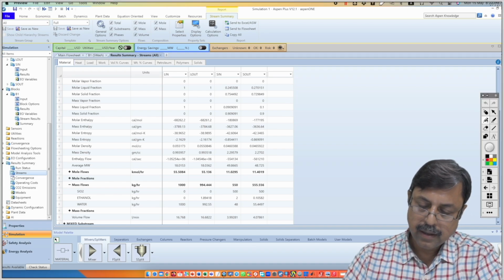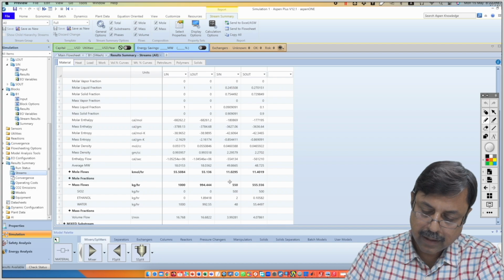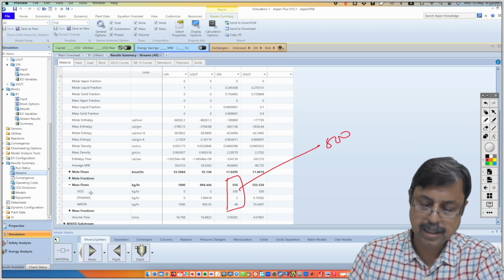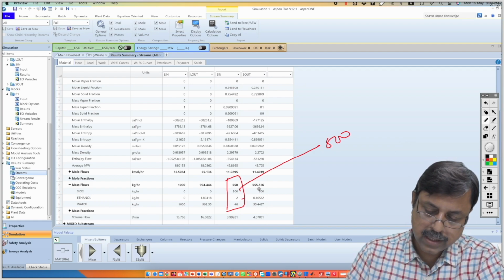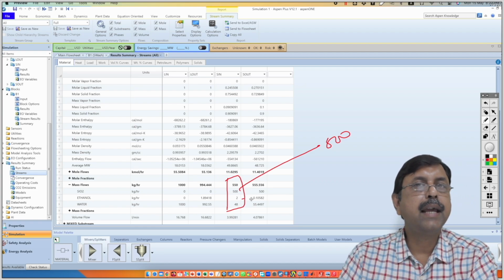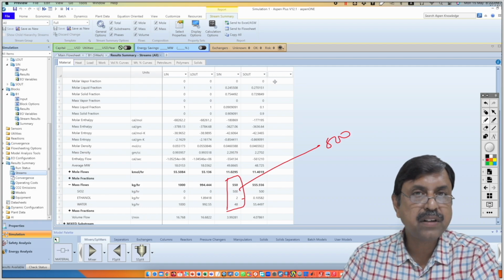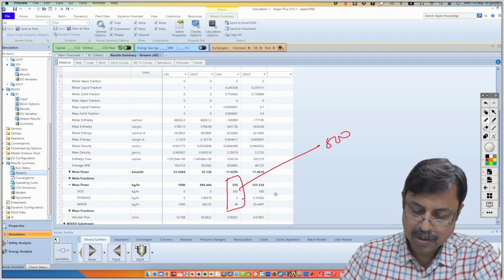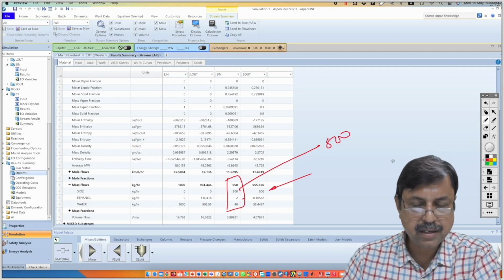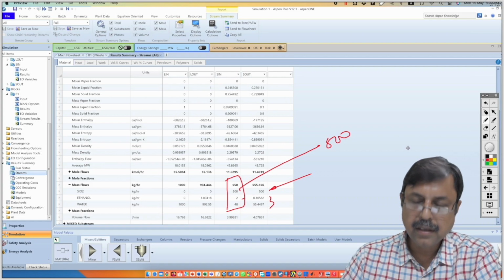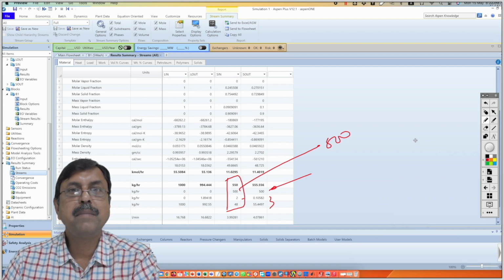Now here you see in the solid stream you had 500 kg of silica, 2 kg of ethanol, and water was 48 kg, right? Now what is after washing? S out is 500, and what is the liquid to solid mass ratio over here?